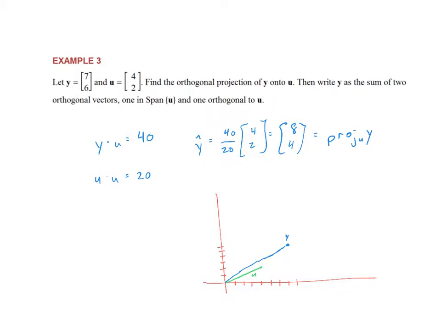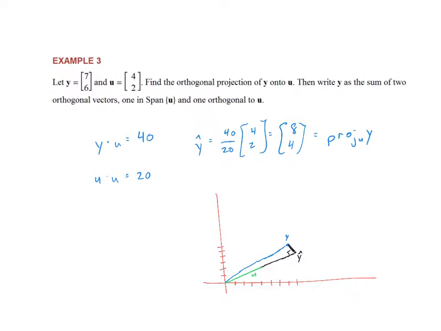And 8, 4 is right about there, approximately. Now, 8, 4 should be on the same line as u. That's y hat. And now I'm obviously not drawing on graph paper here, but this should be a 90-degree right angle. If I were on graph paper, it would look much better, but I'm not. Okay, so there is our y hat, the orthogonal projection.